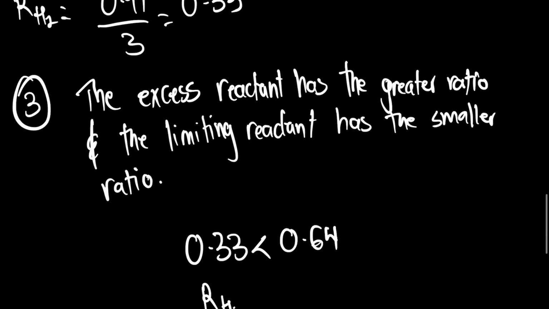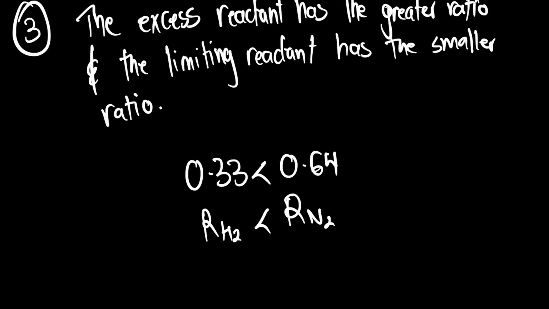So the ratio of hydrogen is less than the ratio of nitrogen. So therefore, hydrogen is limiting.